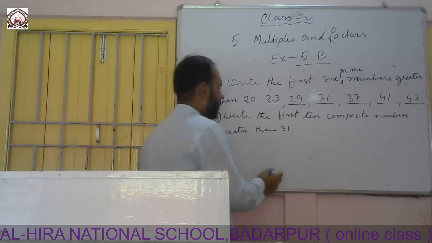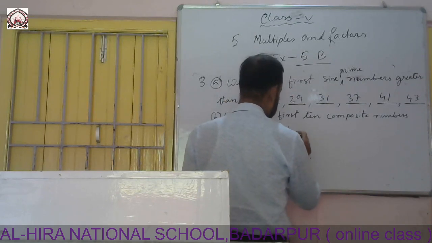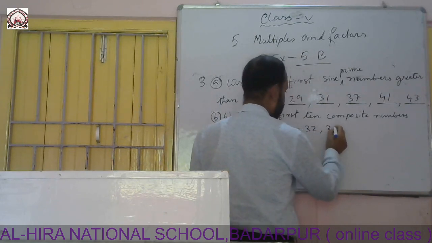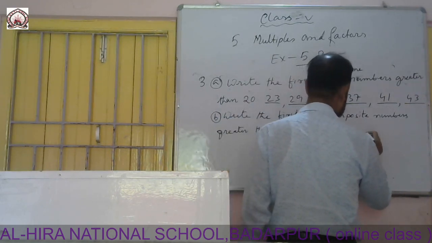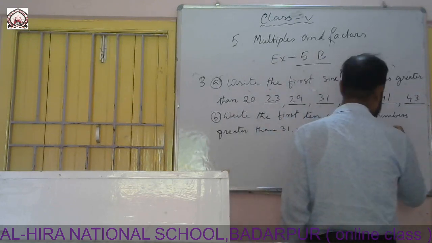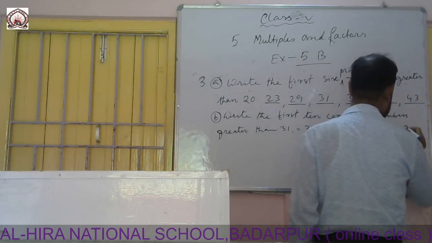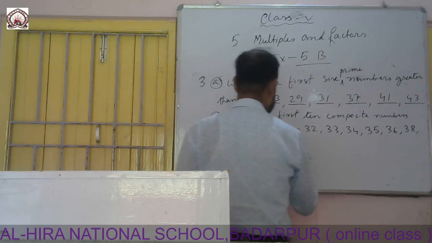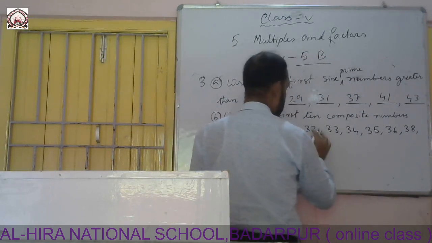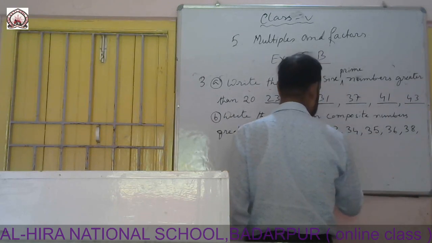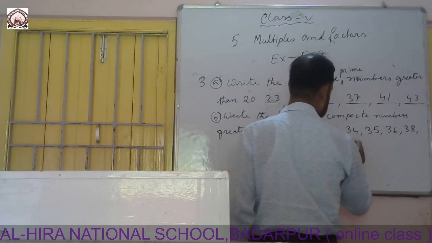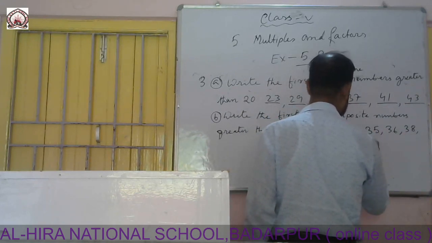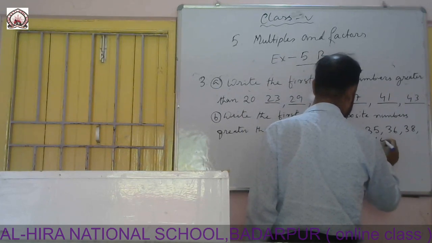So 31 is not composite, then 32 is a composite number, 33, 34, 35, 36, 37 not, 38, then 39, 40, 42, 44.